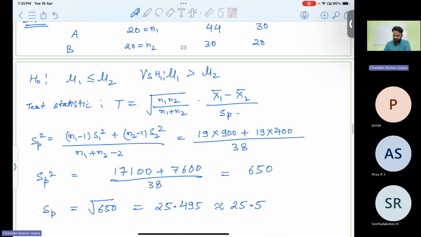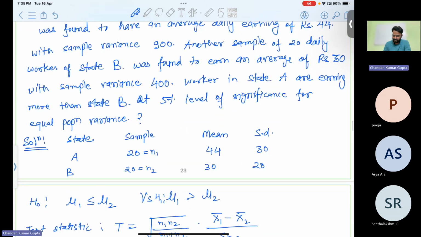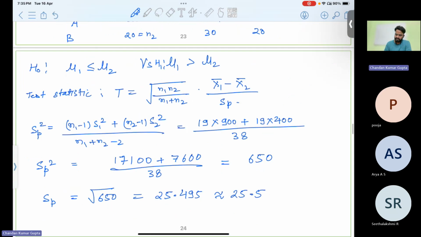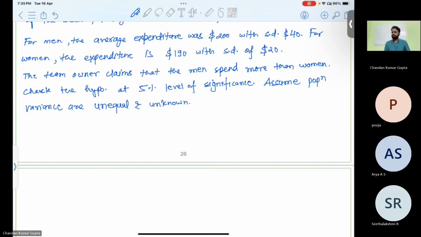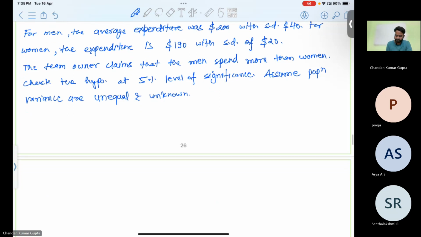In the previous one, the population variances were equal and unknown, and in this case we are discussing the unequal case. Similarly, let me write in the next page.